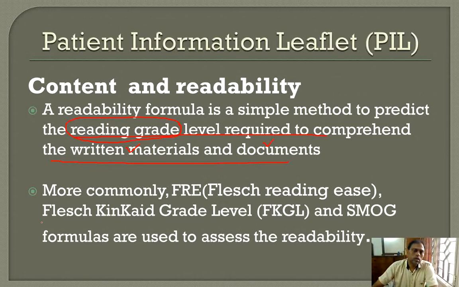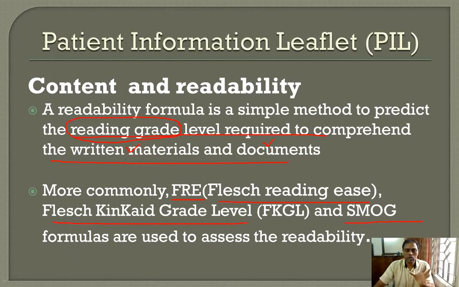So there are commonly used formulas. One is FRE, Flesch Reading Ease. This is the name of the formula. And then Flesch-Kincaid Grade Level, FKGL. This is another formula. SMOG. This is another formula. These are commonly used formulas.